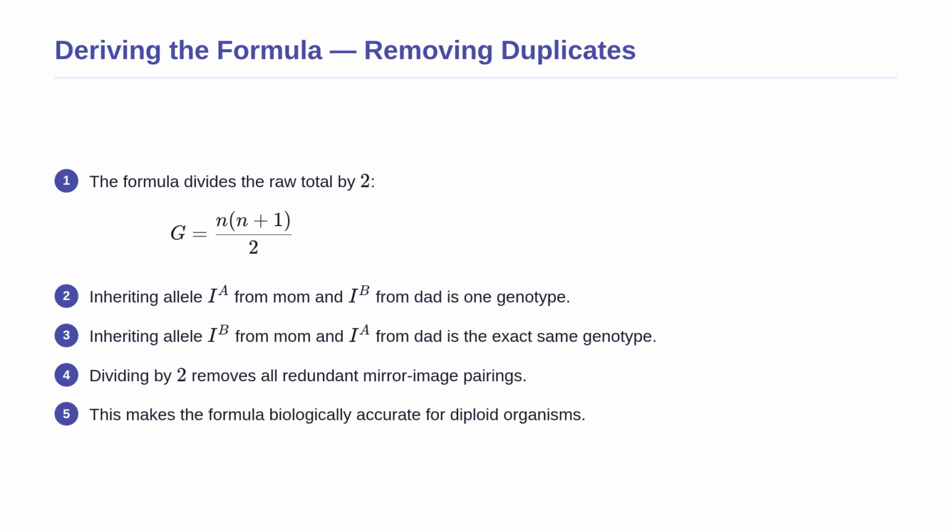Because our numerator counted both of these mirror image pairings as separate events, we must divide the total by 2 to eliminate the duplicates. This crucial division step removes all redundant pairings, ensuring that each unique genotype is only counted once, making the formula biologically accurate for diploid organisms.